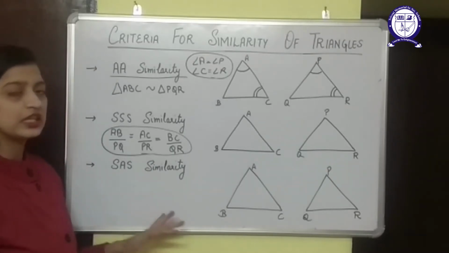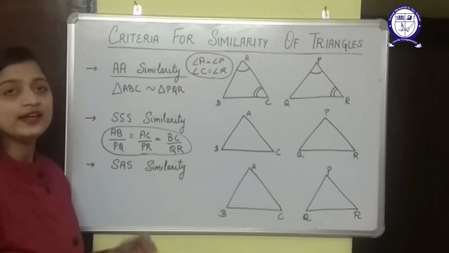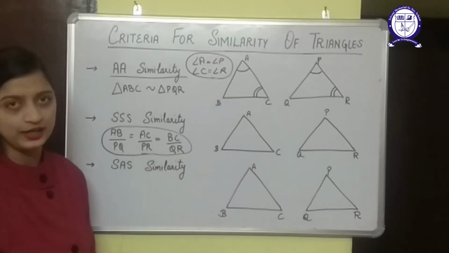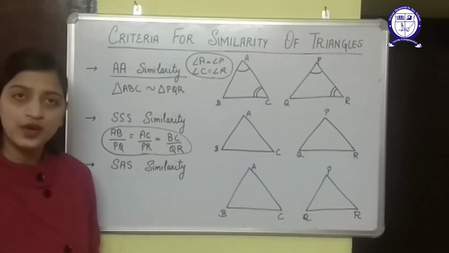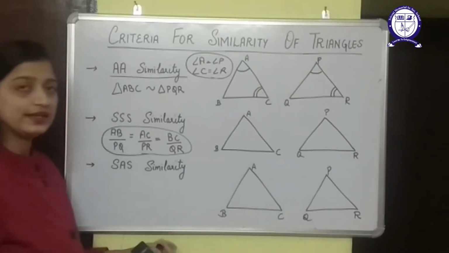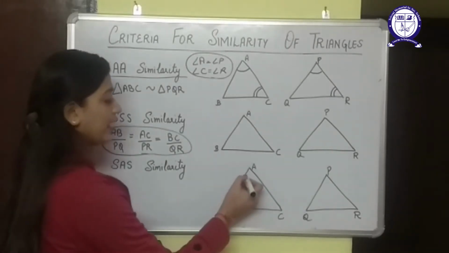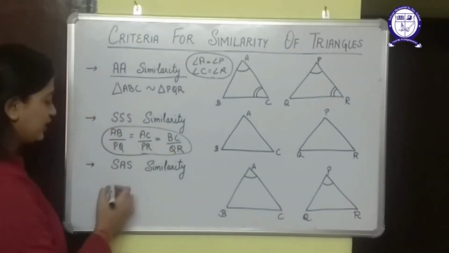Now coming to the third similarity criteria. Again, for angle we talk about the equality, and for the sides we talk about the proportion. Now suppose we have angle A equal to angle P, any one of these angles.